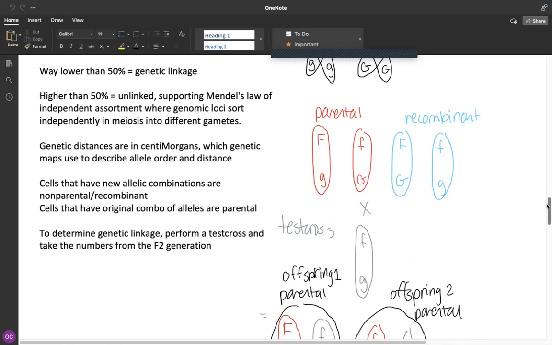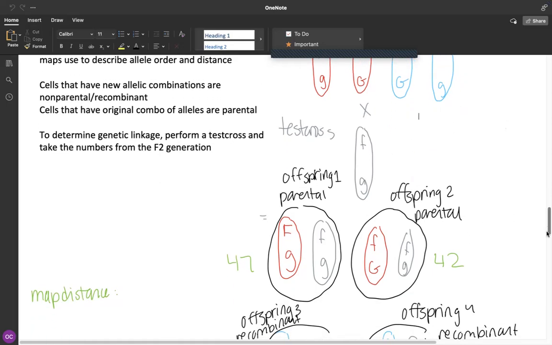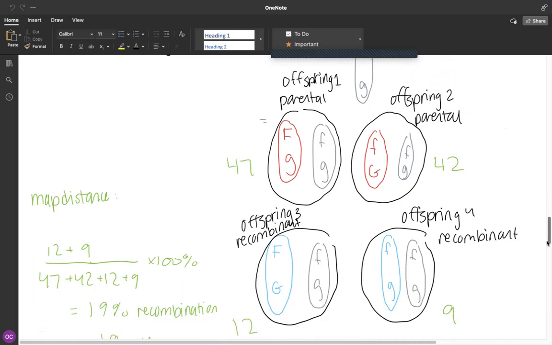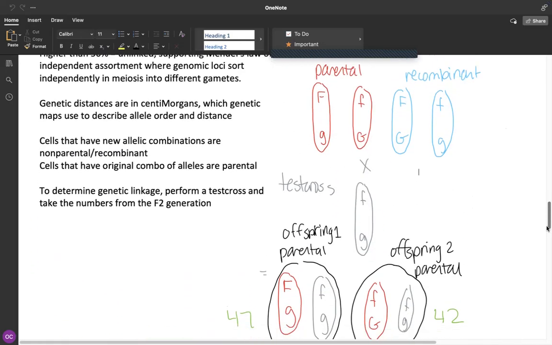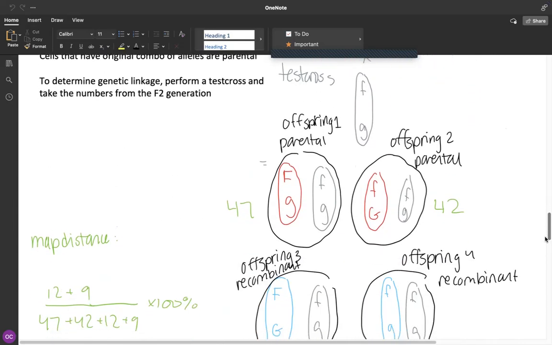And because I know the test cross is homozygous recessive, I know that they're only producing one kind of gamete, in which both of the alleles here, for example, are lowercase or recessive, but just know I'm crossing them 4 times. And then we can look at the offspring of these individuals, for instance.